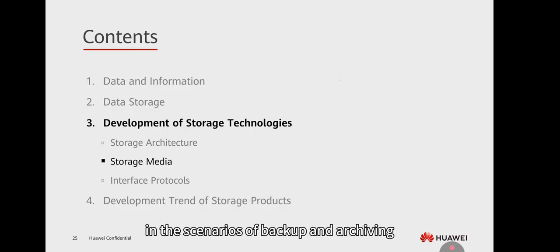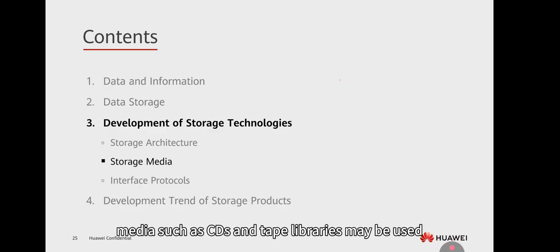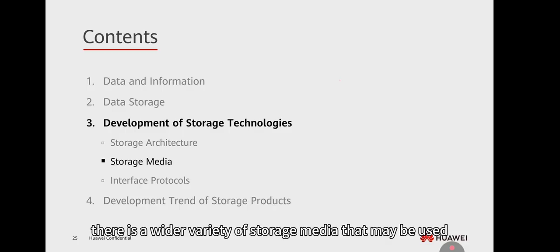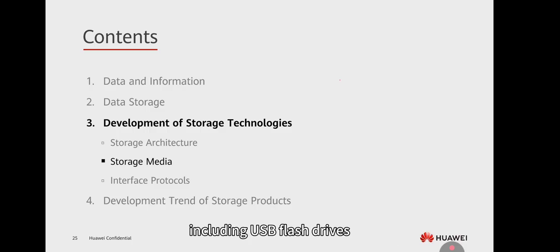For example, in the scenarios of backup and archiving, media such as CDs and tape libraries may be used. On a personal level, there is a wider variety of storage media that may be used, including USB flash drives, SD cards, memory sticks, and DVDs.